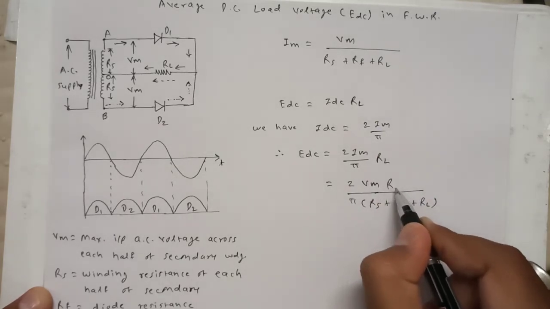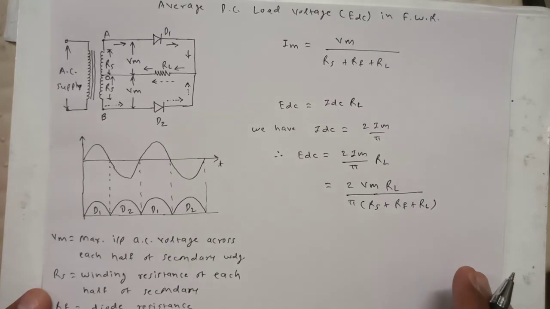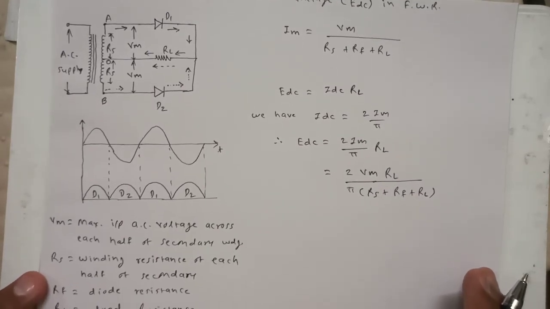So I can write RL here also. This will be the equation for the average DC load voltage.